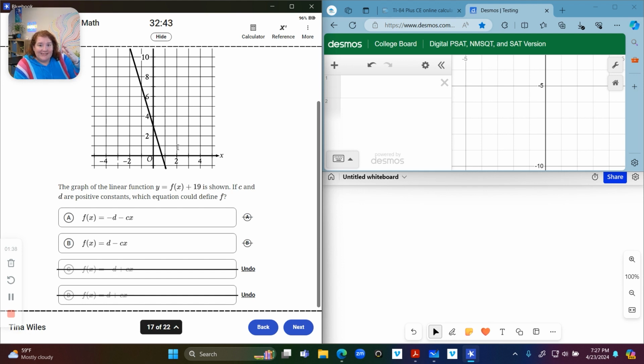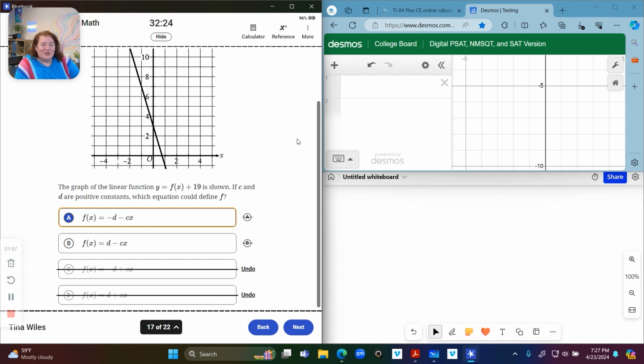And the plus 19 adds 19 to whatever the intercept was of the original graph. So I would need to subtract 19. So since it's at 3, if I subtract 19, I'm going to get a negative y-intercept, which means A has to be the correct answer.